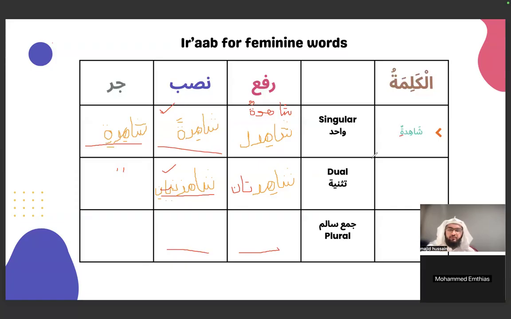And the female word in the plural, in the category of rafa, how will it be? I don't remember this one. I know it's not going to be waw noon. The waw noon is for masculine words, this is a feminine word.